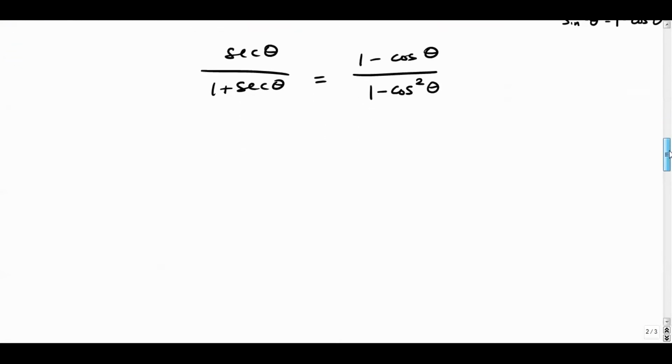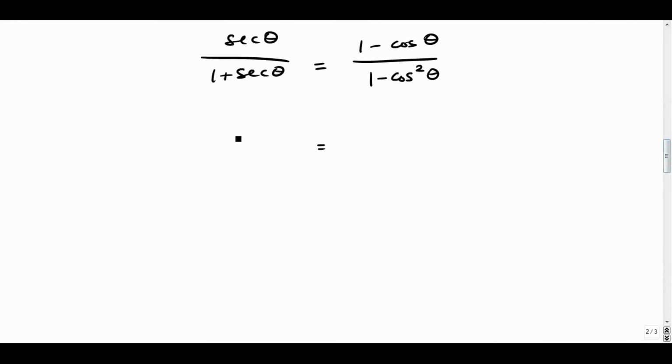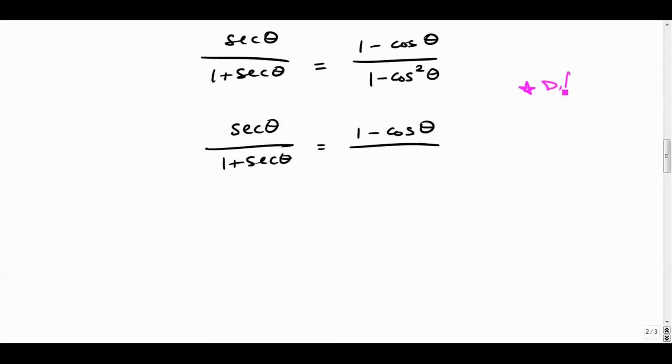Then I have to go back to my algebra days, and again, I'm not going to change my left-hand side quite yet. But my algebra days tell me that my denominator is what we call a difference of squares. A difference of two squares. Right, and that formula was like a squared minus b squared, and then in parentheses a plus b, a minus b.